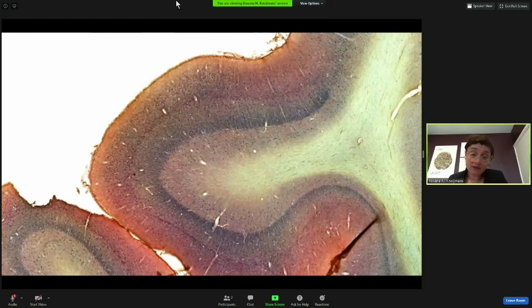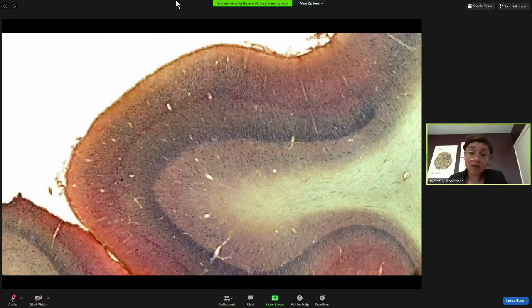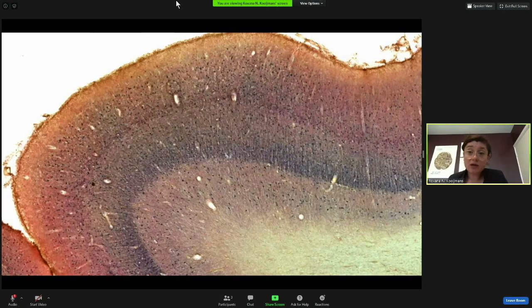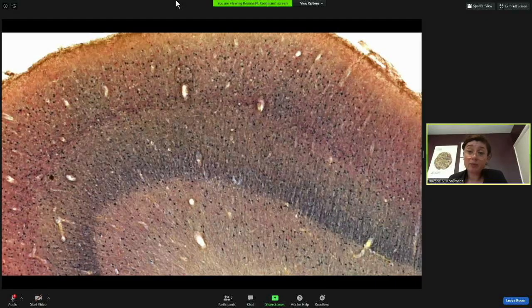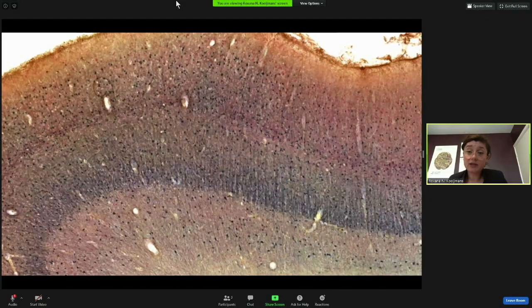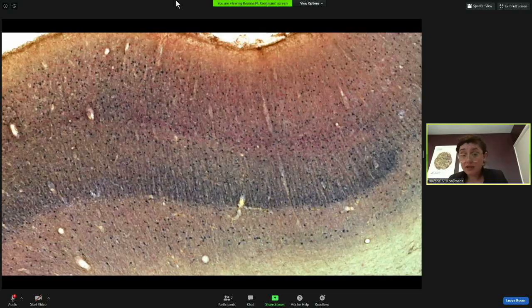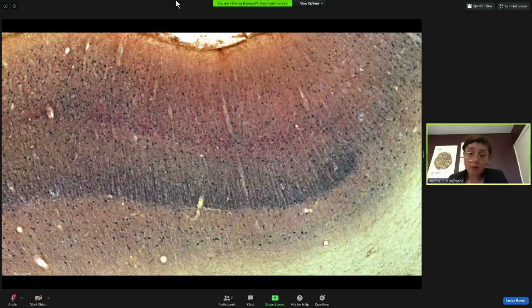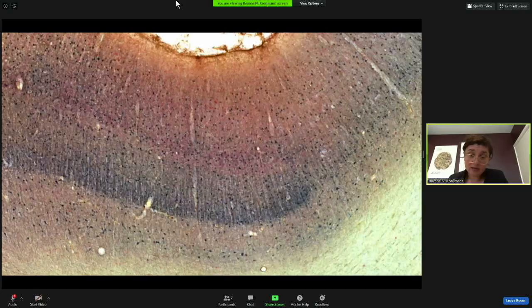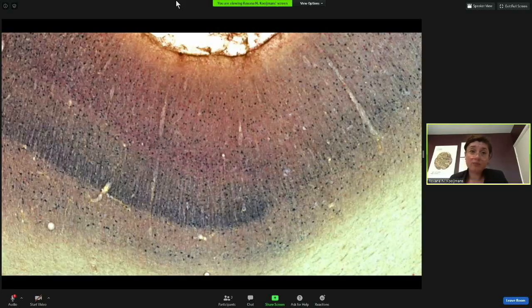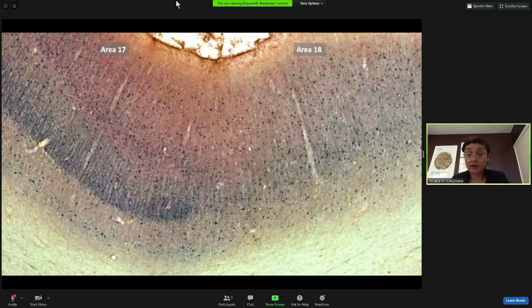There's this very distinctive blue line that corresponds to a high density parvalbumin positive population in layer 4C of area 17. And as we zoom out, we come back to this very clear border between area 17 and area 18.